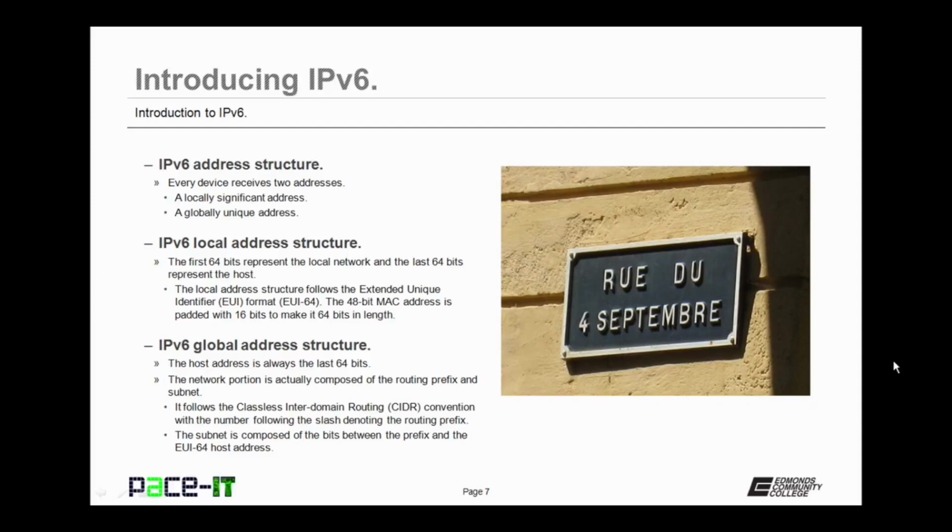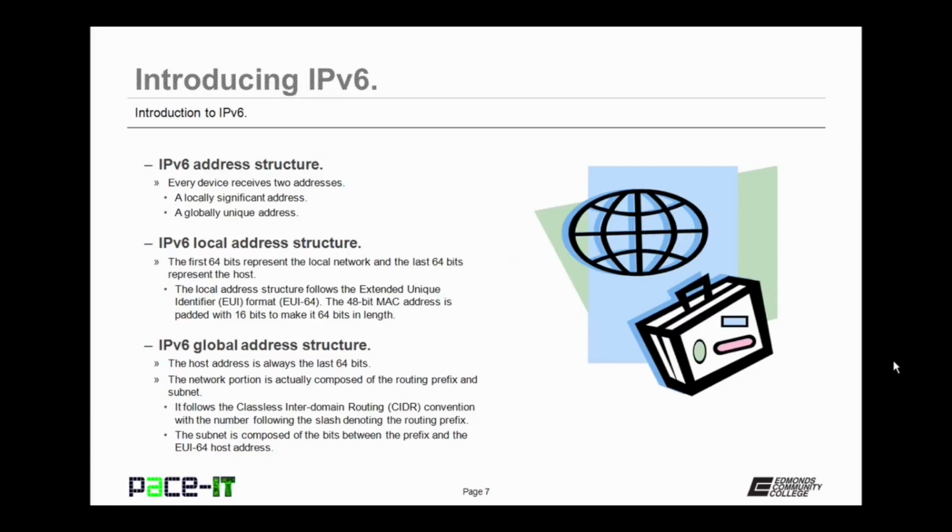Now let's talk about IPv6's address structure. Every device receives 2 addresses, a locally significant address and a globally unique address. Let's talk about IPv6's local address structure. The first 64 bits of the local address represent the local network, and the last 64 bits represent the host.